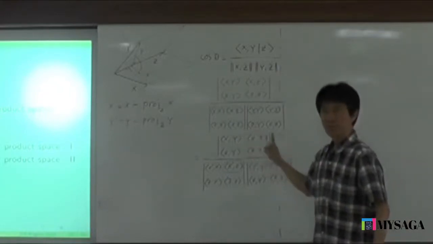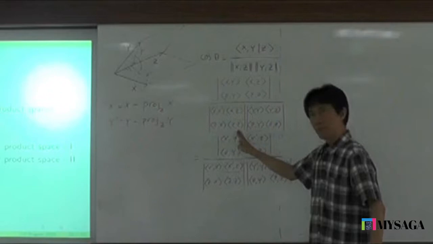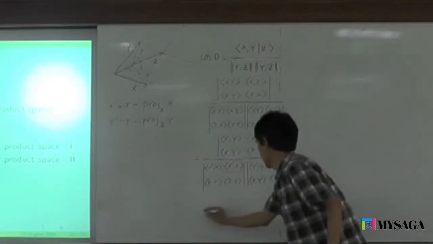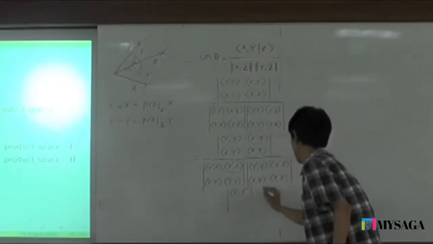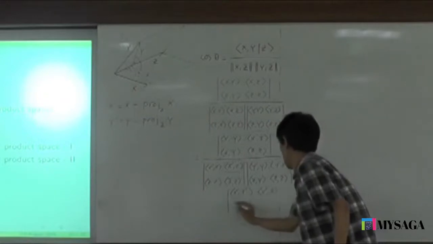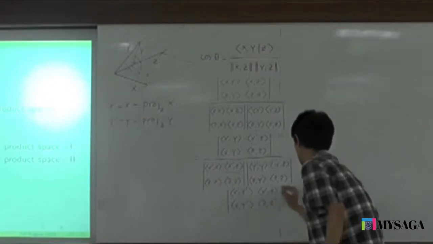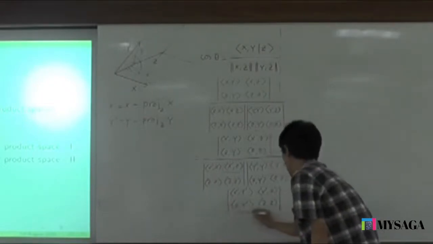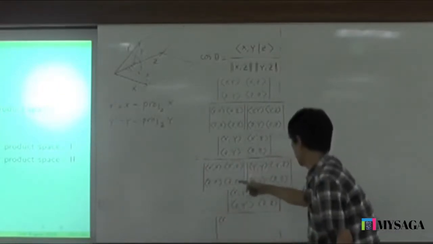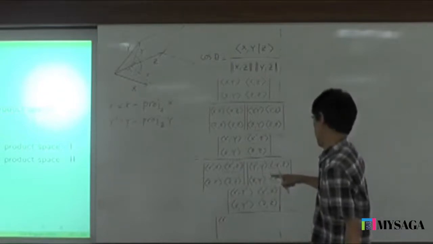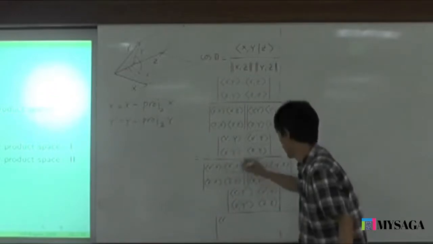We can also subtract beta times the second column from the first column, and so we get on top x prime, y prime, x prime, z, and then z, y prime, z, z, and at the bottom we get, now we do the operation for x in the first column.